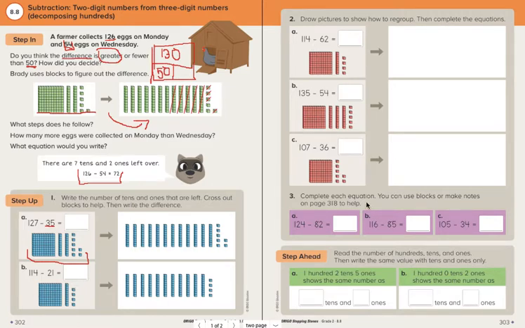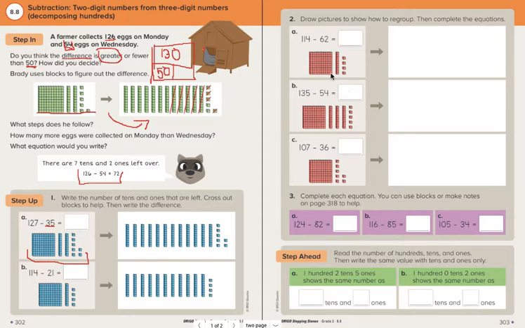Over here on the red blocks, draw pictures to show how to regroup, then complete the equations. So over here with the red blocks, you have your starting blocks, but you need to regroup them yourself, okay? So why don't I do the first one with you, and then you can do the second 2 on your own. If you don't want to do the first one with me, if you think you can do it, you can skip ahead in the video, but let's do the first one.